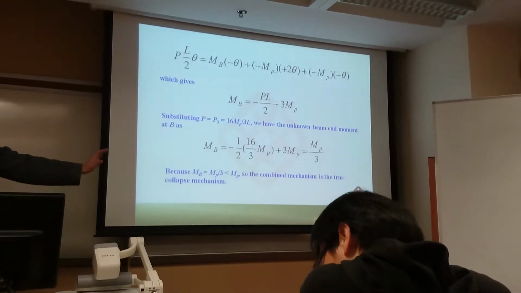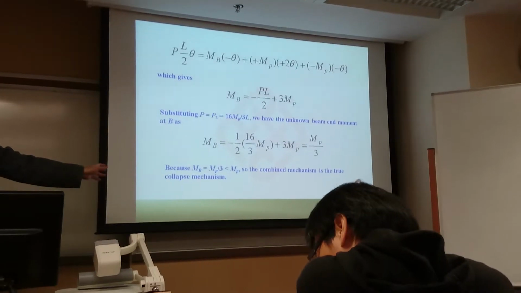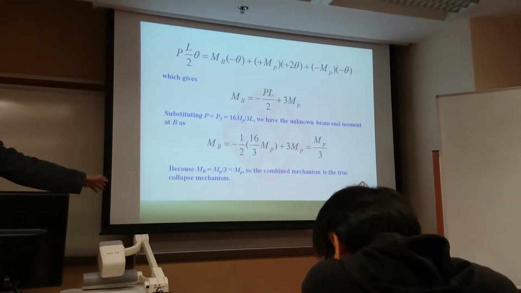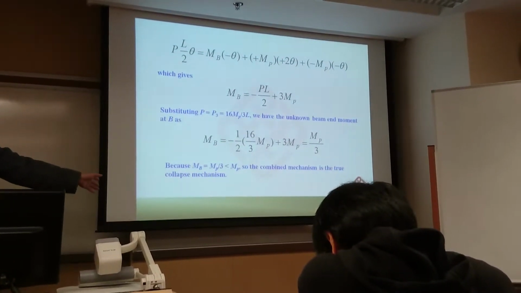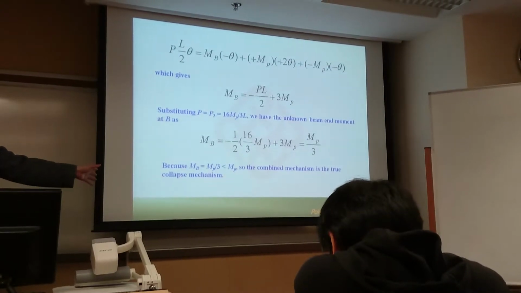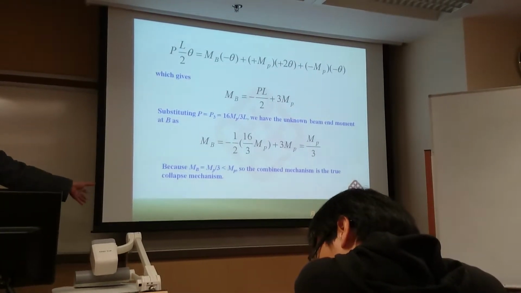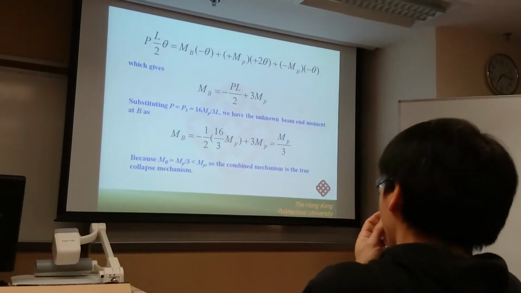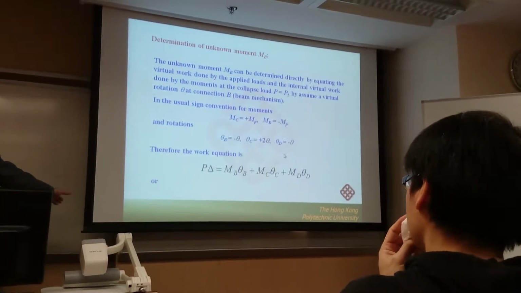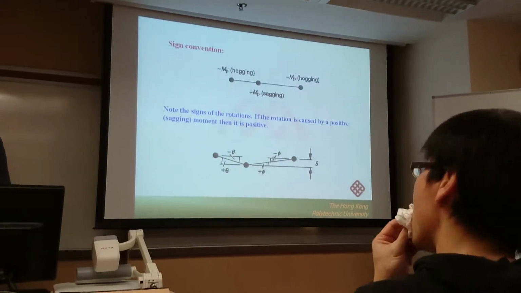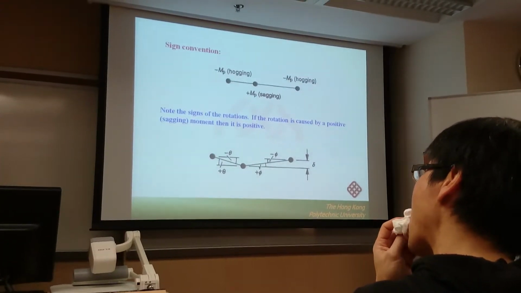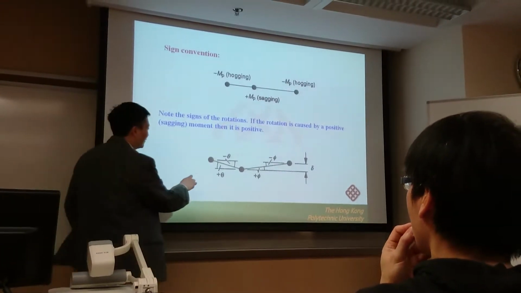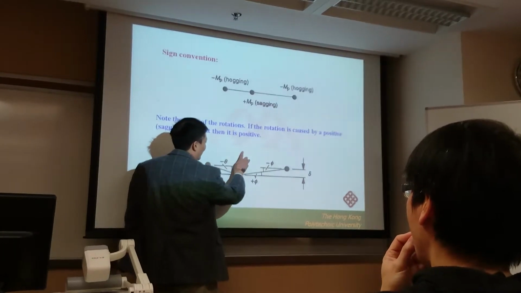Usually at the two ends, the moment is a hogging moment. But for this case, the moment for section B is a sagging moment because this is positive. And maybe you have a question, why do we use a virtual displacement like this? Actually, you can introduce a different virtual displacement. For example, you can introduce a virtual displacement like this.